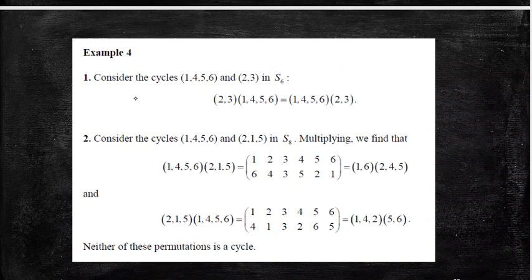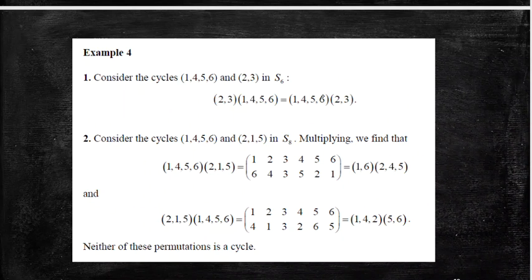Example number 4. Number 1, we consider the cycles (1 4 5 6) and also (2 3) in symmetric group of degree 6. If we multiply these two cycles, that means (2 3) multiplied with (1 4 5 6), it is also equal to multiplying (1 4 5 6) with the cycle (2 3).